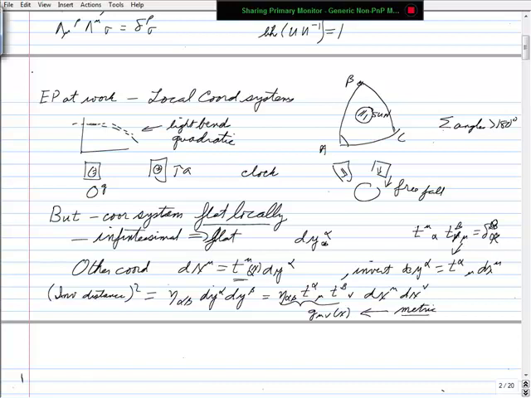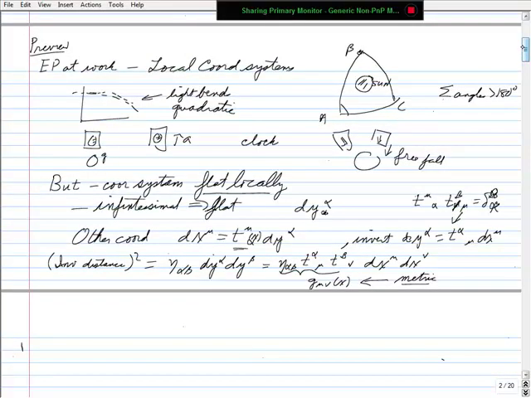So anyway, this is just a preview of the choice of fields that we're going to use. We're going to use this metric once we gauge the transformation.